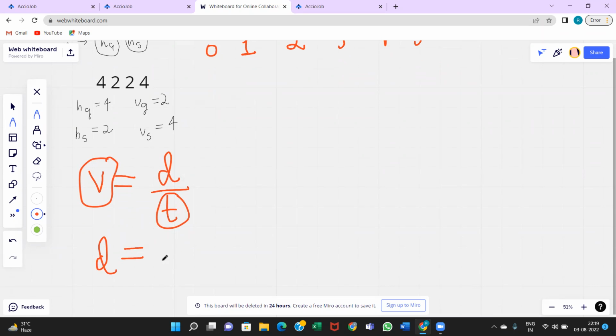Every t units of time, the new height for Jian will be his original height plus the increment in 1 unit of time. That will be, for t units of time, v into t.